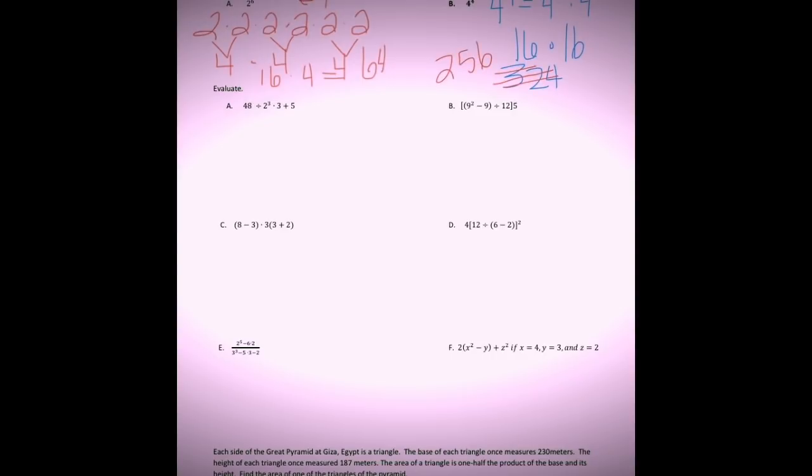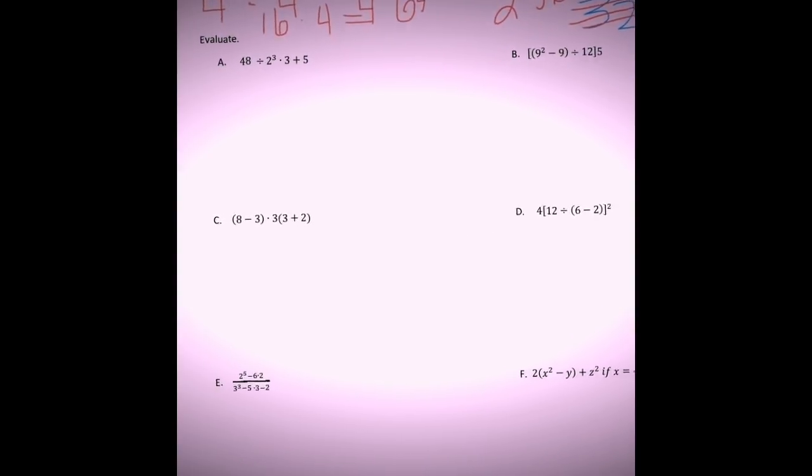All right, let's look at examples A through F. We are going to evaluate using order of operations. I'll try to make this a little bit bigger. All right, I have 48 divided by 2 to the 3rd power.